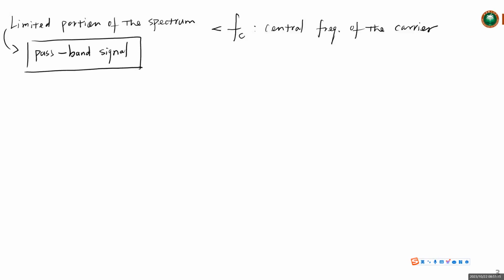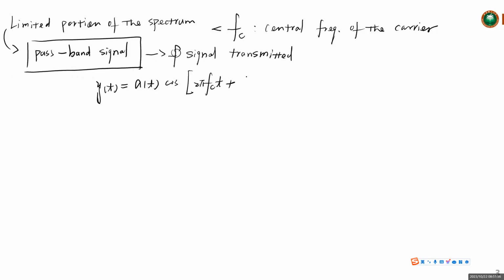For such a passband signal transmitted through the radio channel, it can be expressed as y(t), the amplitude part times a cosine.